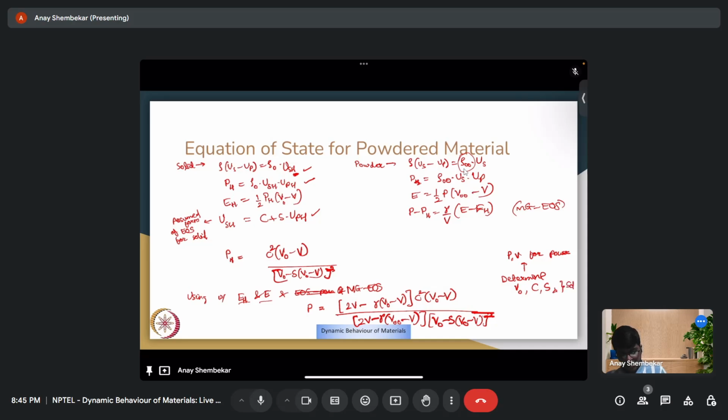And we know gamma for the powder. So this gives us a pressure-volume relationship, which forms our fourth equation for the powder, and which relates the powder P-V to the solid parameters.